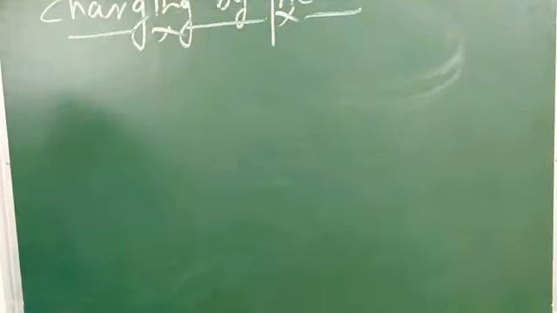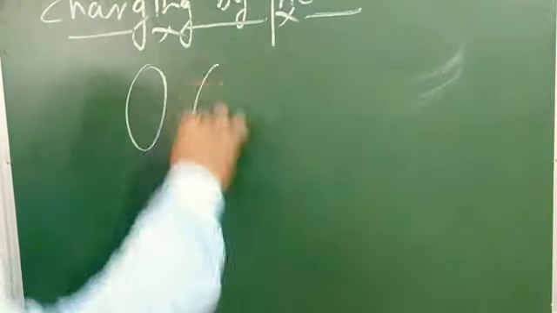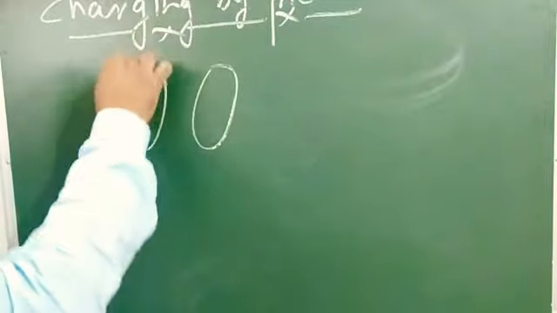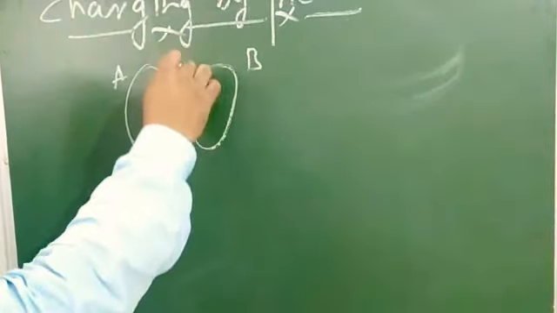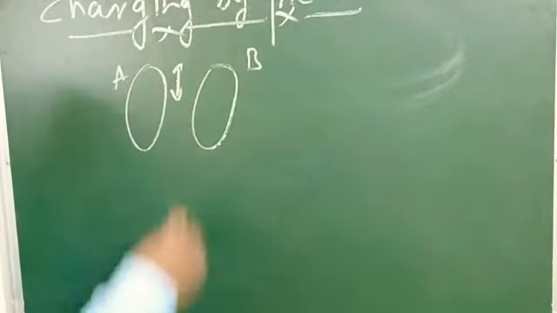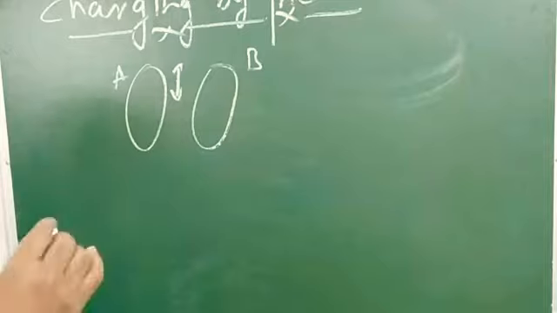First of all, we will observe how this charge is developed on the body. Suppose it is body A and body B, and both are rubbed with each other. On rubbing, we are doing mechanical work. Thus, energy is transferred to the electrons of both bodies.